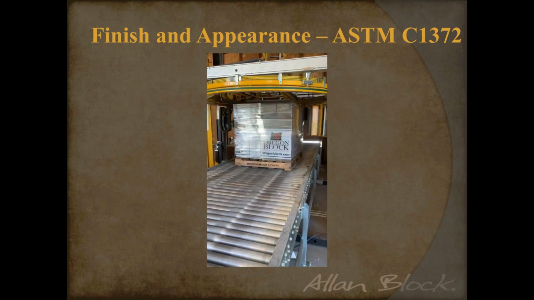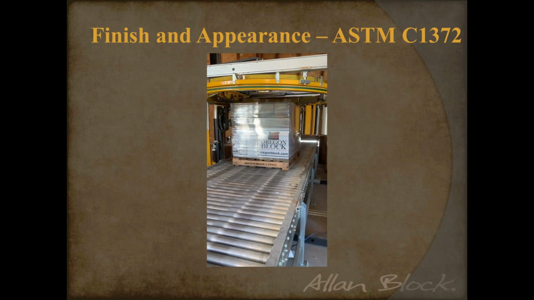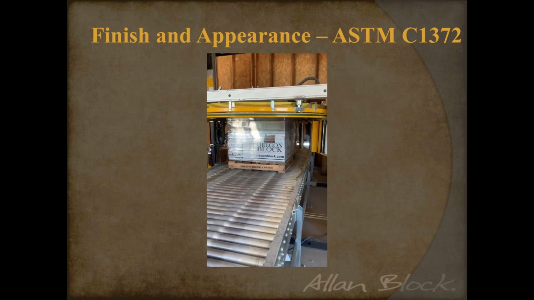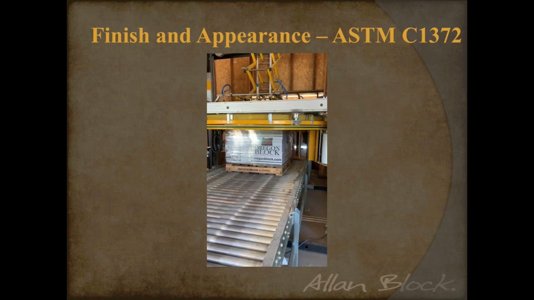And what you'll see here is now the machine will bring in another piece of plastic over the top, and the plunger will come down that has a heated pad on it, and it actually melts the plastic just a little bit so that it stays together and really becomes a nice watertight package, where this block and the pallet can be stacked out in the yard until it's loaded on a truck and brought to the site.